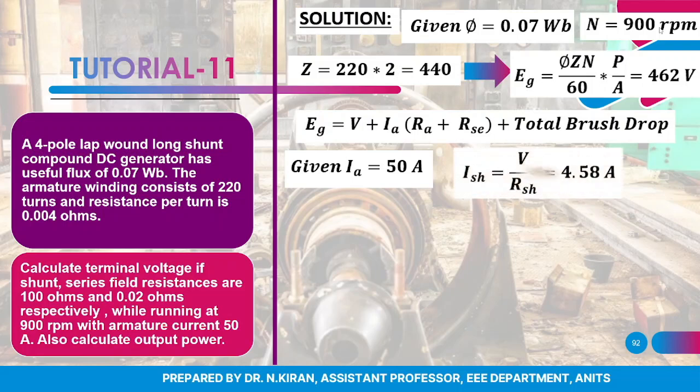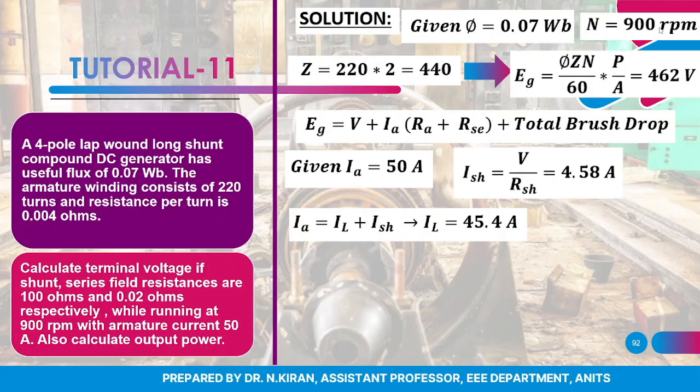So ISH I can find, that is V by RSH, will be around 4.58 amps. So we know the formula, Ia is equal to IL plus ISH. From that I can calculate my load current IL to be around 45.4 amps.